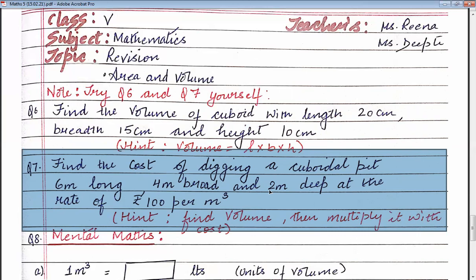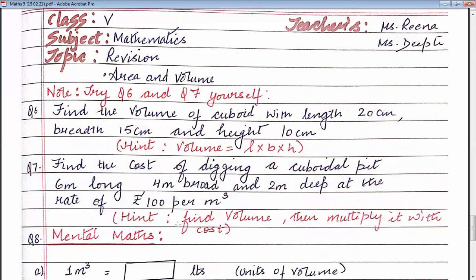So first find the volume, and volume is L into B into H, and then find the cost of digging that pit. So you will multiply the volume with the money given, that is rupees 100. So try question number 6 and 7 in your register.